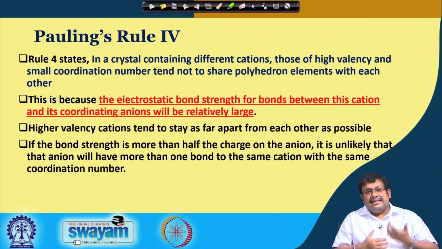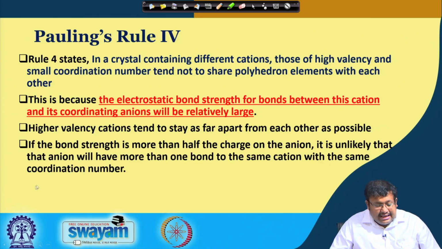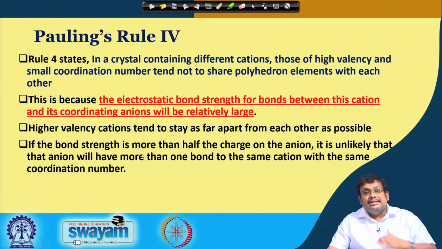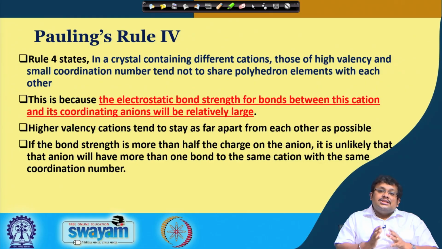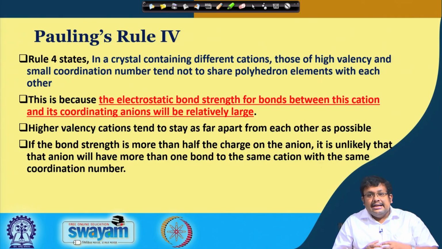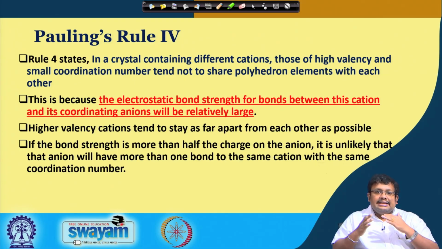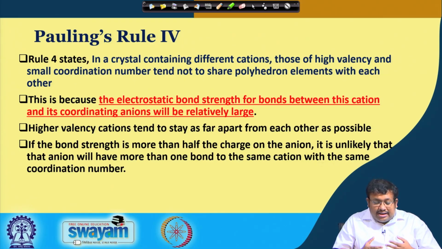So, obviously that says that higher valency cation tends to stay as far apart from others as possible. Now, remember that if the bond strength is more than half of the charge of the anion, it is unlikely that the anion will have more than one bond to the same cation with the same coordination number. So, this is our Pauling's rule 4.